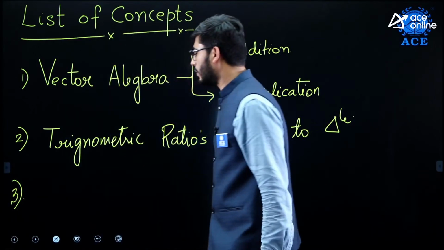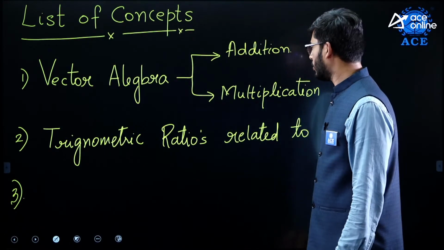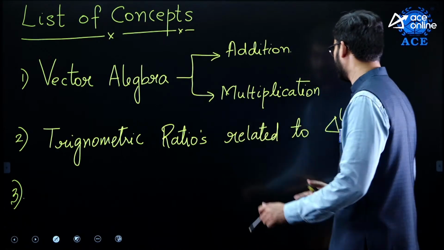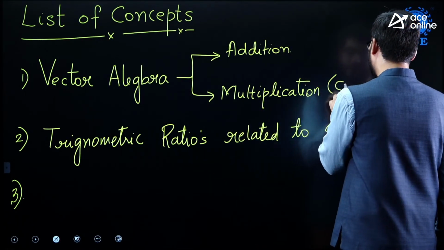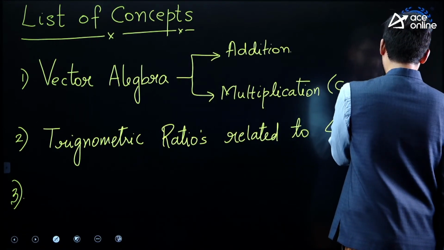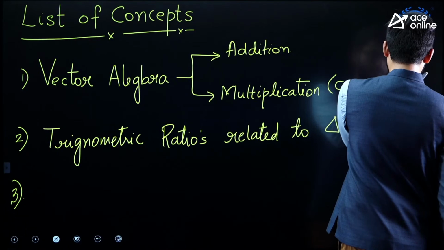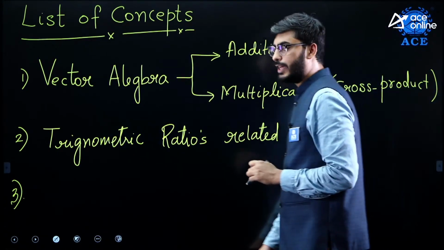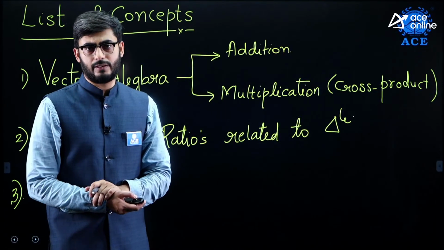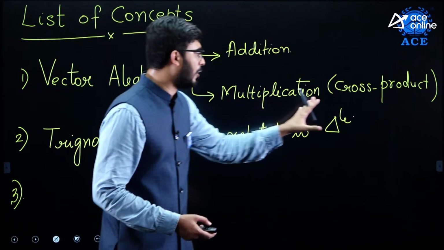Okay. Next, a very important topic is multiplication of vectors, cross product especially. We will be making use of this cross product not only in analysis of mechanisms, guys. We'll be making use of this cross product in another chapter, that is gyroscopic couple. Very, very important, guys.